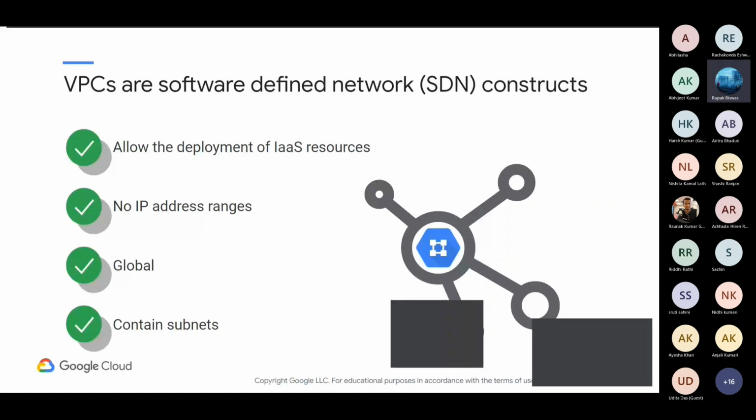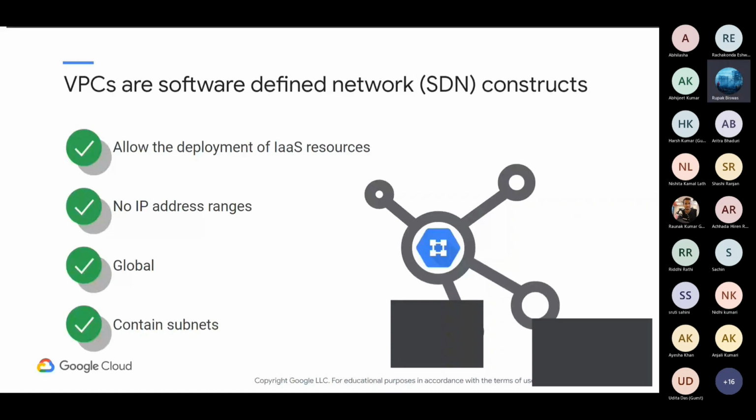This helps us to quickly change the configuration. There are some other types I already mentioned, and there are no IP ranges, and this term is global. We will be discussing these things briefly in the next slides.